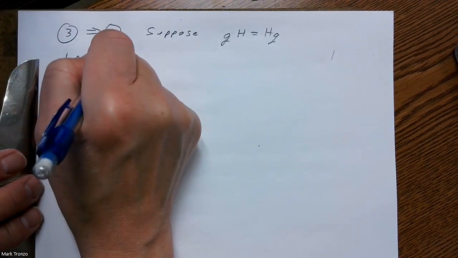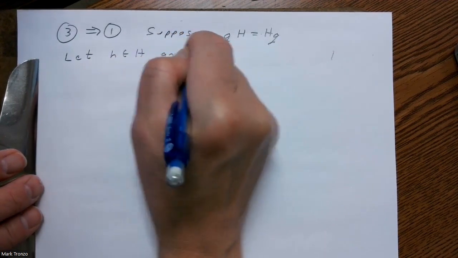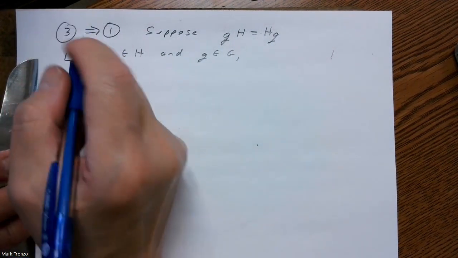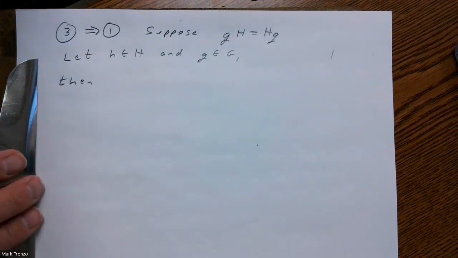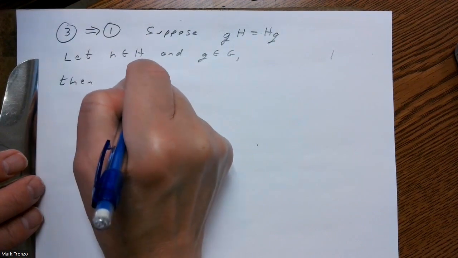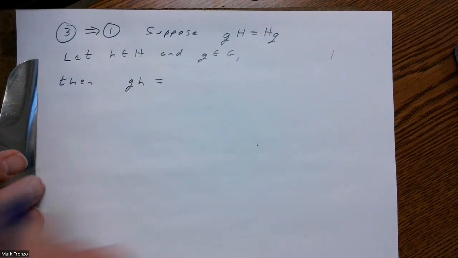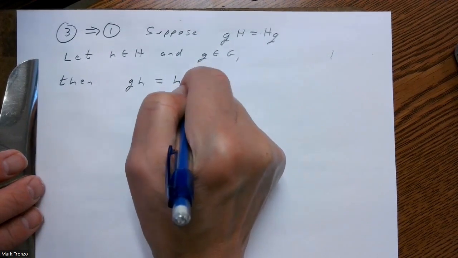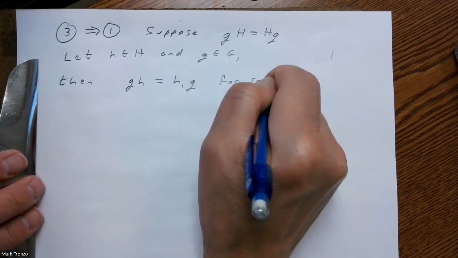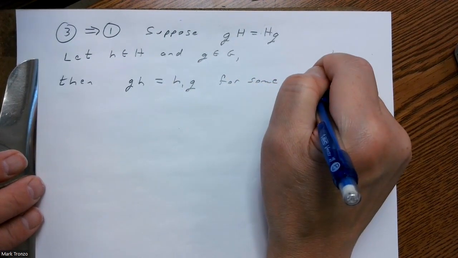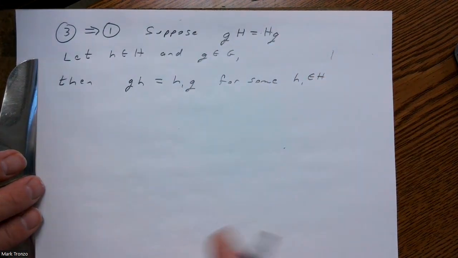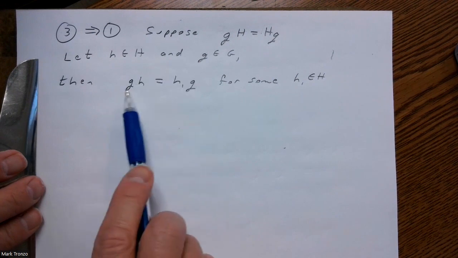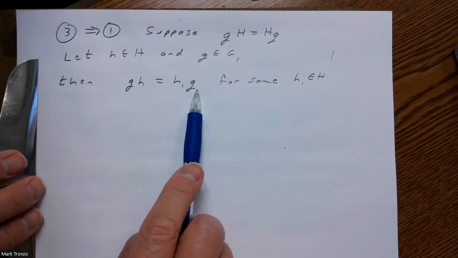Then let h be in H and g be in G. Then, since this is true, gh is going to be equal to H1 g for some H1 in H. Now notice what we're doing here is we can't necessarily assume that gh is equal to hg.